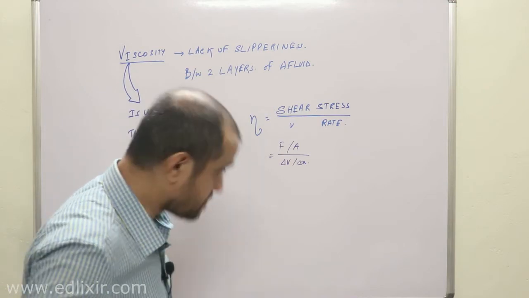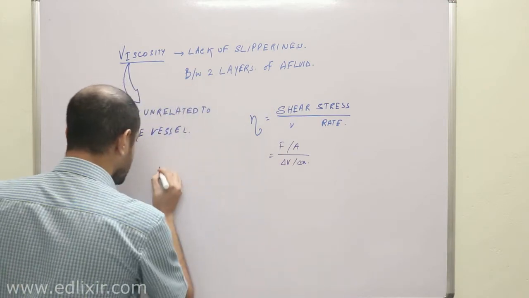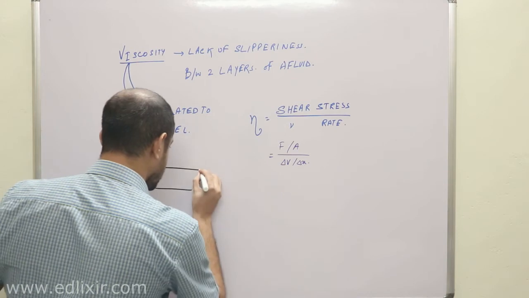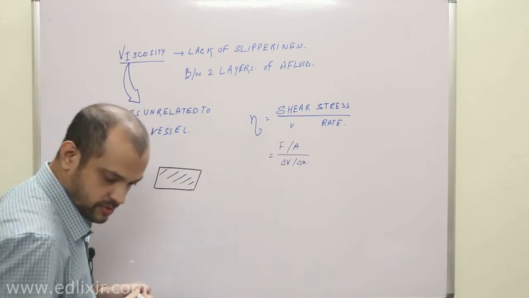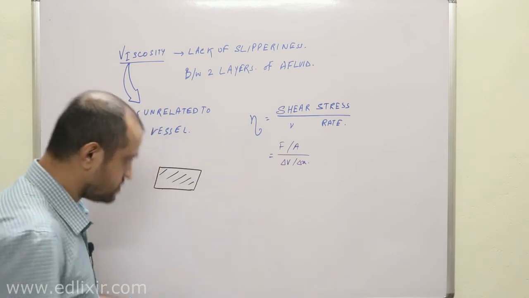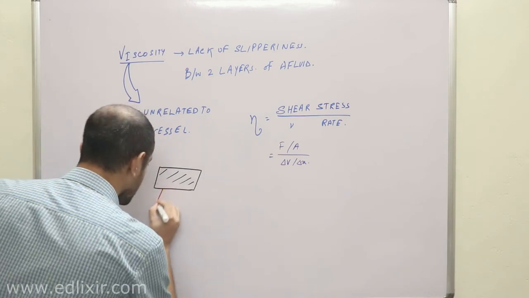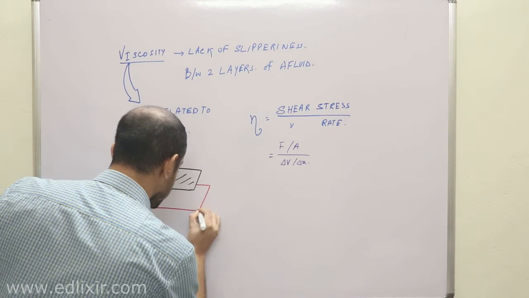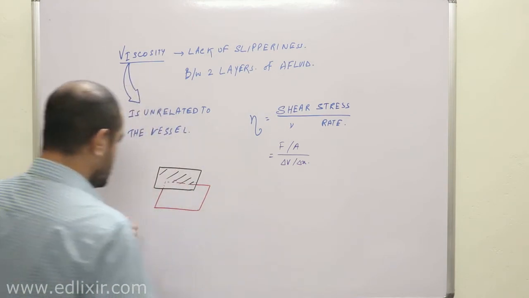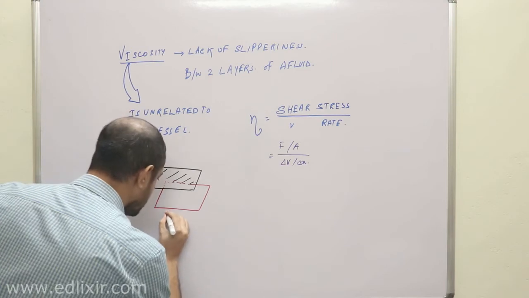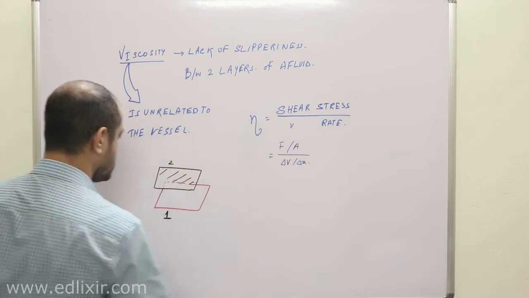Suppose this is a sheet of paper, and this is another sheet of paper. Now listen, suppose this is the first sheet of paper and this is the second sheet of paper.